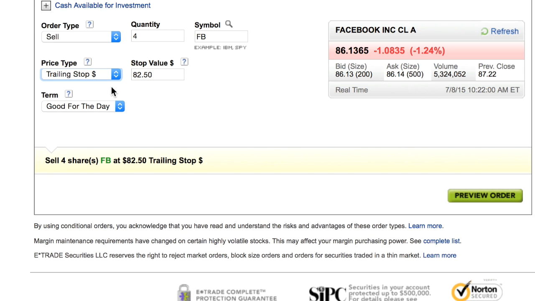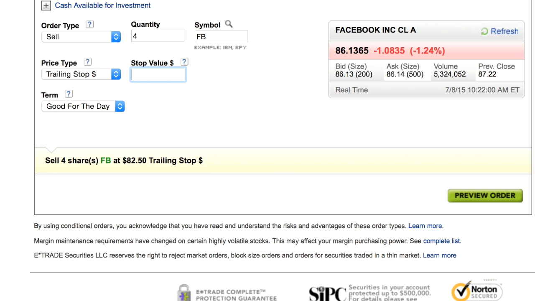Now, a trailing stop. Let's say I want to trail this stock by $2. As Facebook goes up to $90 or whatever, a trailing stop follows the market price.